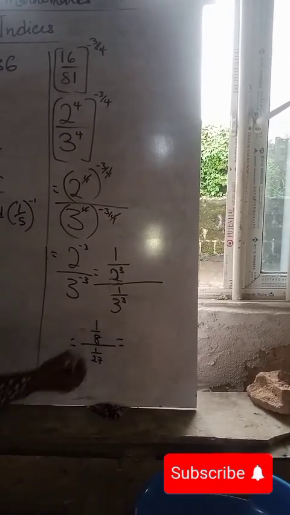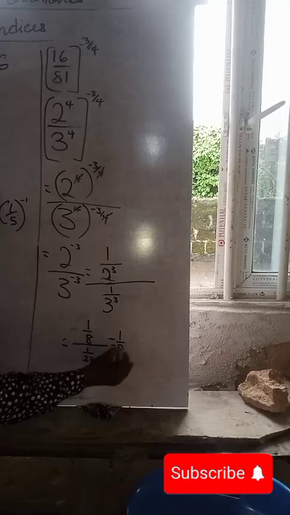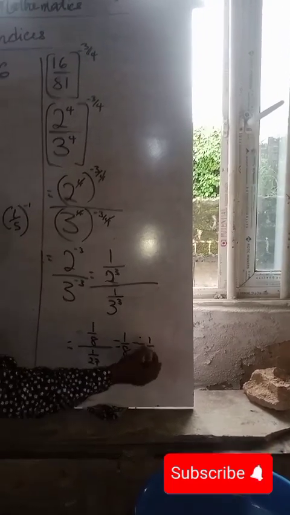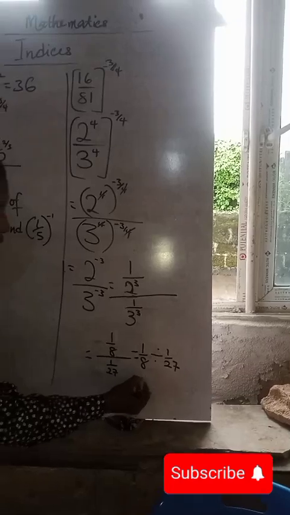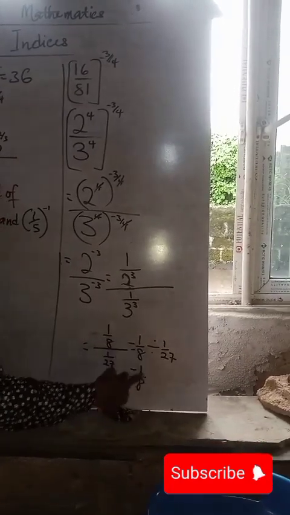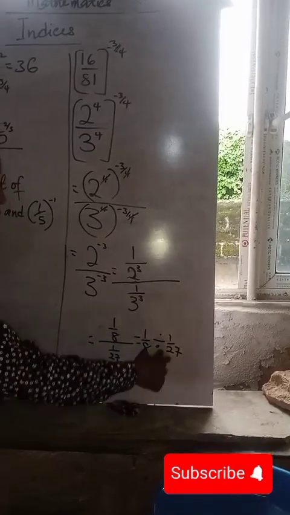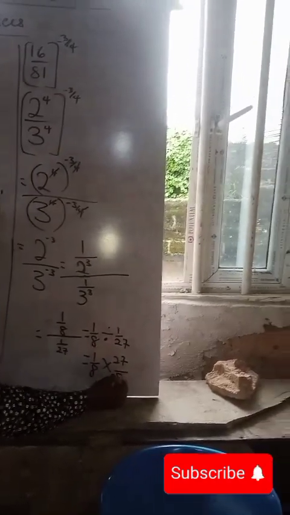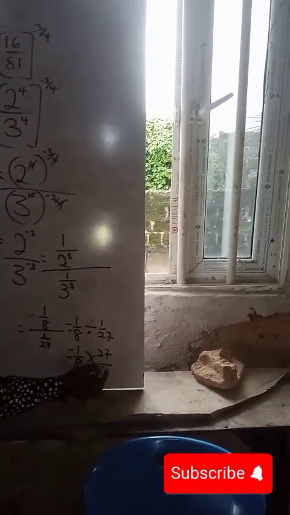So this will at the end of the day give us 1 over 8. This division sign will give us divided by 1 over 27. So at the end of the day, 1 over 8, turning this division sign to multiplication, 1 over 27 becomes an inverse. We have 27 over 1.